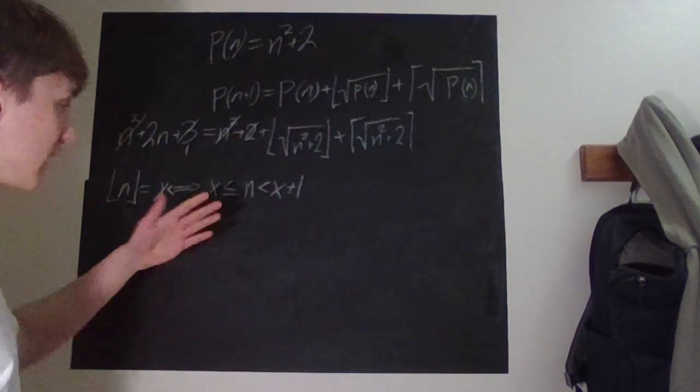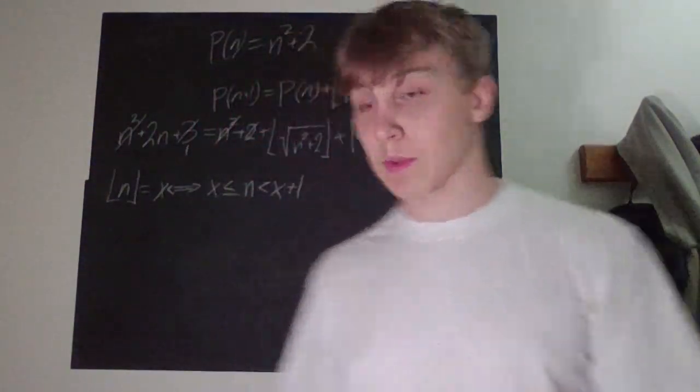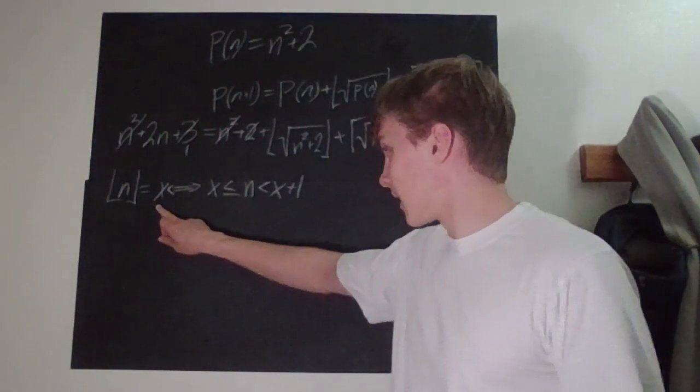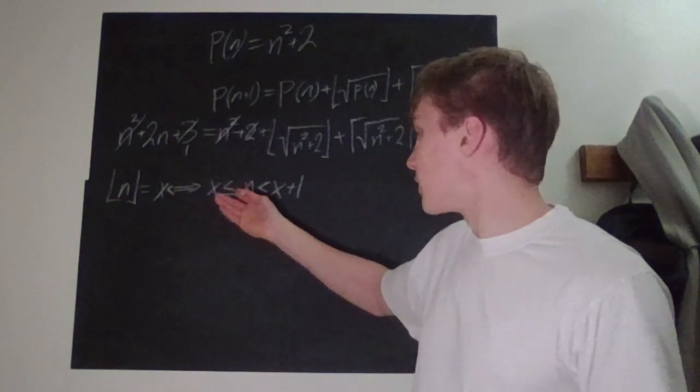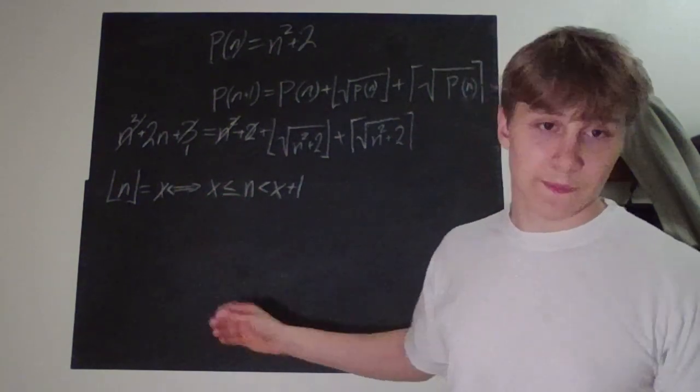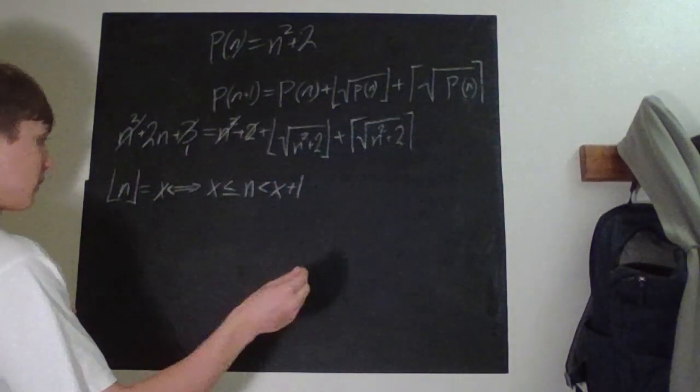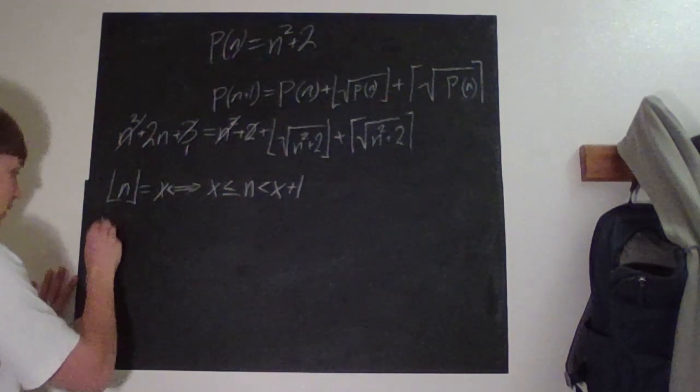Because if n is anywhere between x and x plus 1, then floor of it is x. And it also includes if n is equal to x, then the floor function does nothing. And we can write out the other case too.